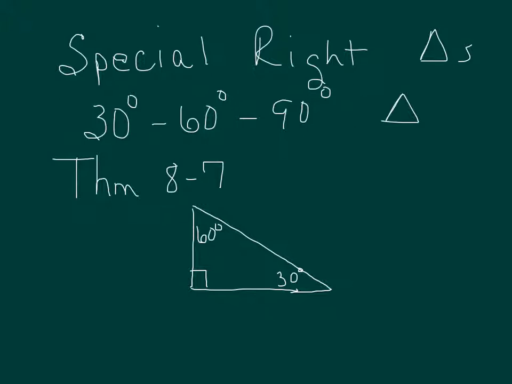If the side opposite 30 degrees is A, the side opposite 60 degrees is A times the square root of 3, and the side opposite the right angle is 2A. So if we can figure out what A is, we can find any of the sides of a 30, 60, 90-degree triangle using this information that's on your note cards. So you always want to have your note cards with you.